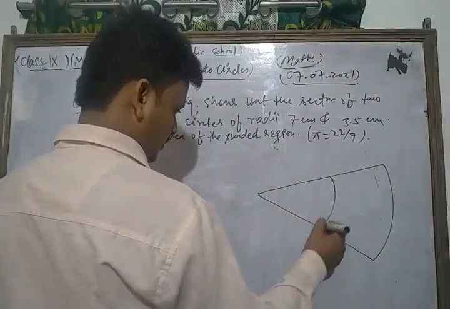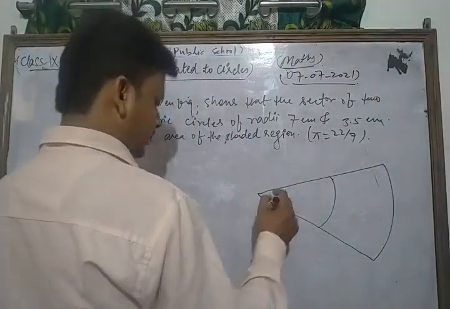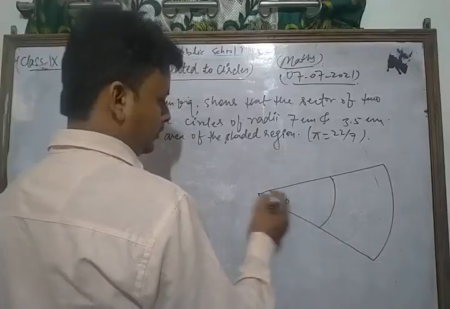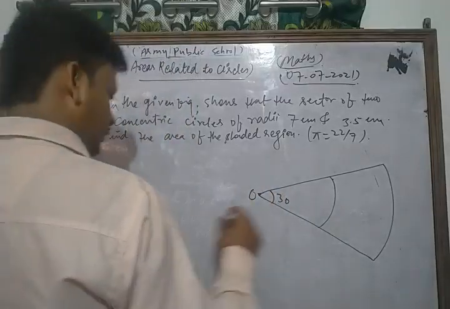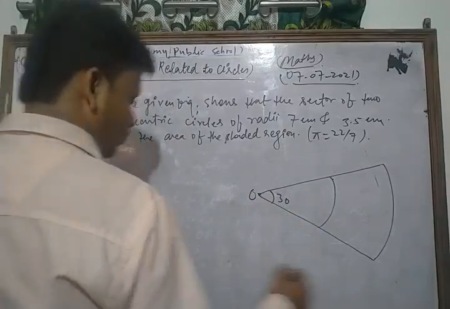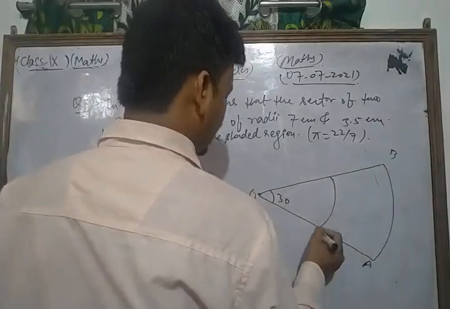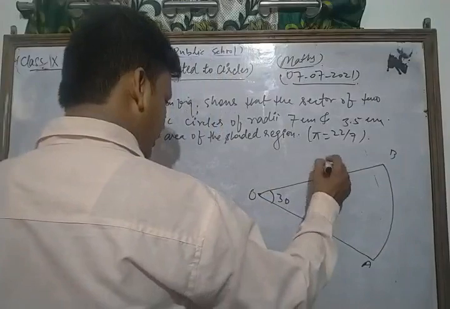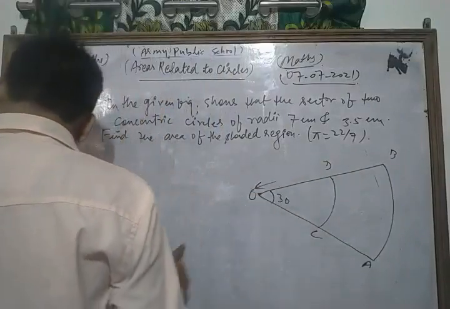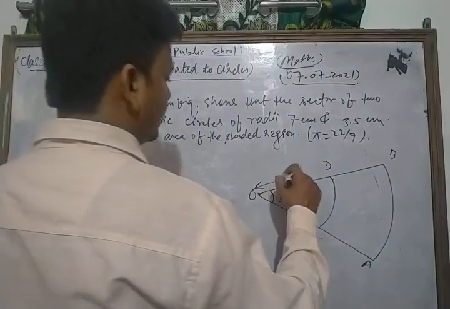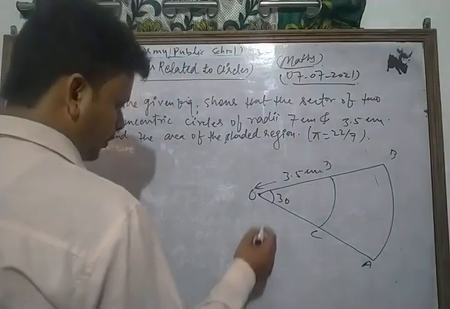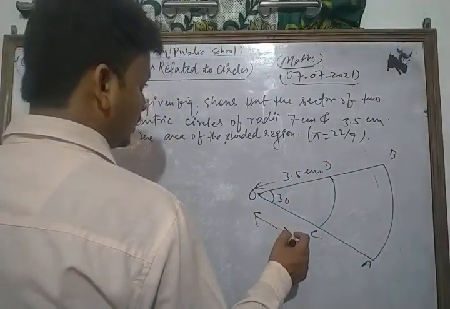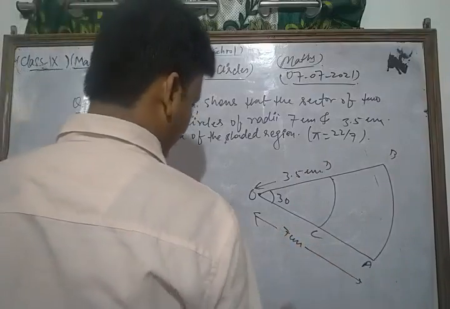Look here, this is the figure of two concentric circles with center O. The radius of the smaller circle is 3.5 centimeter, and the radius of the bigger circle is 7 centimeter.